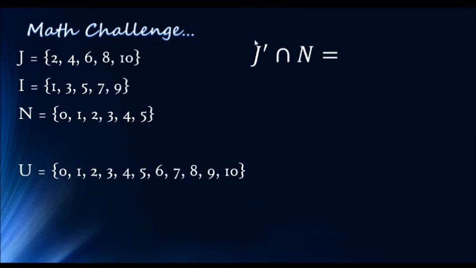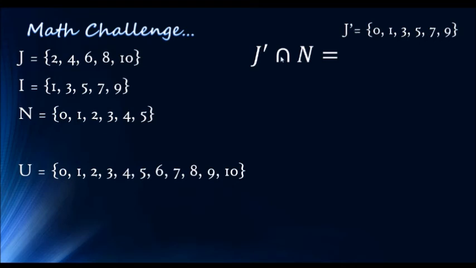The first step is to find the J complement. Now let's look at set J. Basis will be your universal set. So what are the elements here in the universal set that are not found in set J? Okay, very good. So we have your 0, 1, 3, 5, 7, and 9.